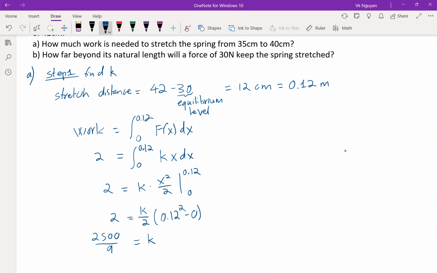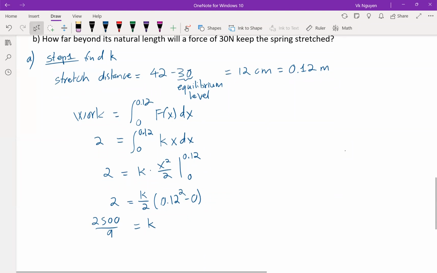Okay. Once we have k, we can move on to step 2.